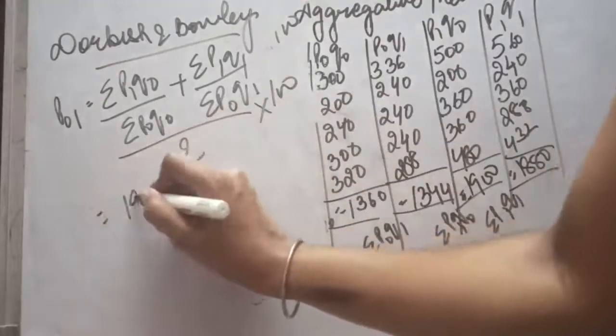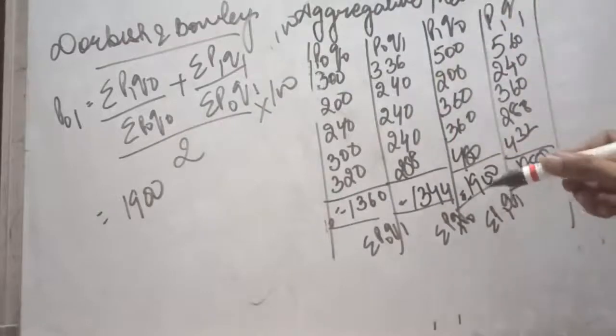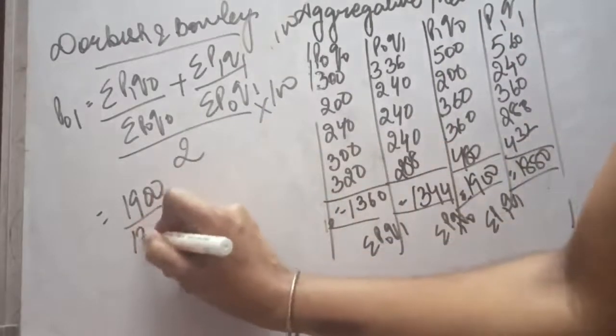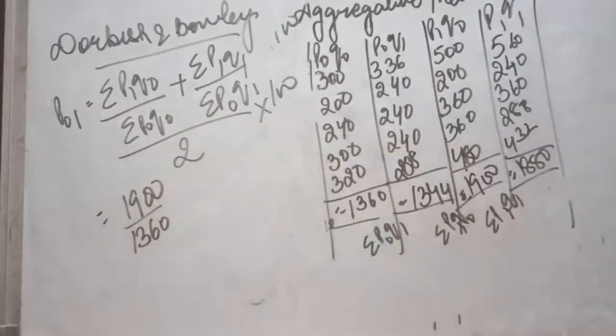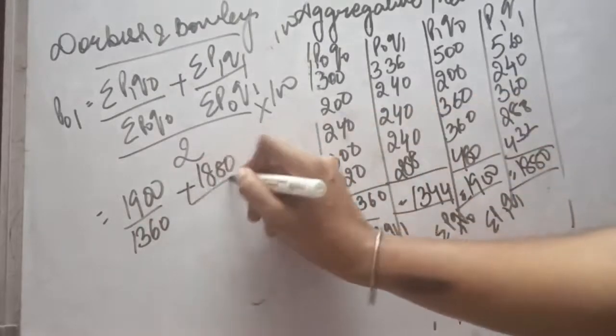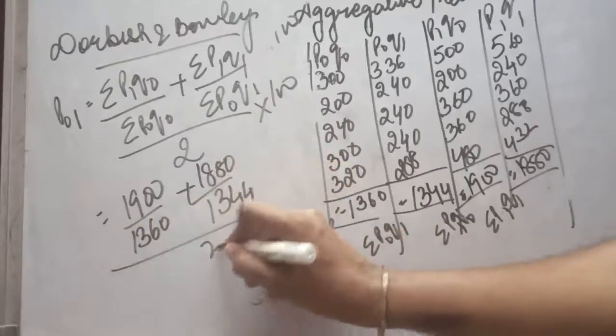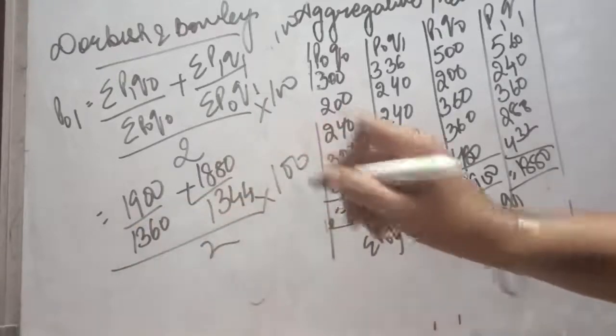First is P1 Q0, 1900 divided by 1360, which we saw in the Laspeyres formula, and the second part is 1880 divided by 1344. We take half and then multiply by 100.